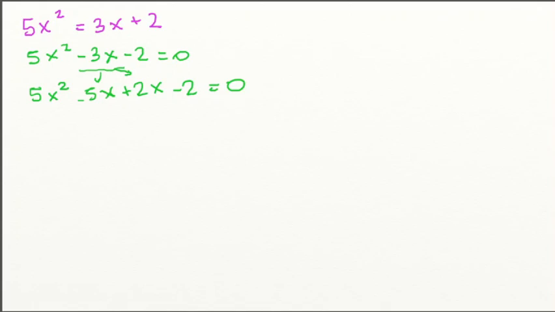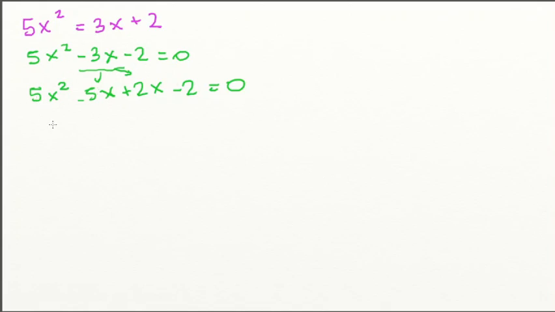Just remember that your first number accompanying your x squared is 5. So when you take into consideration your sum and product, you will have to multiply 5 by negative 2, right? And your 3 here.